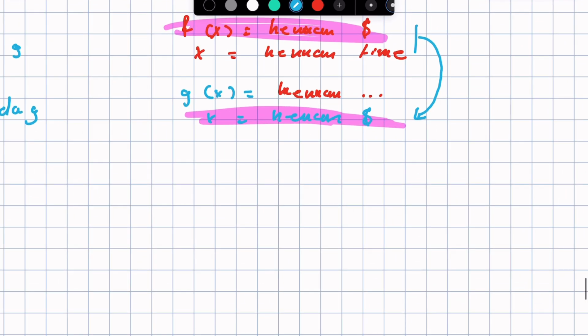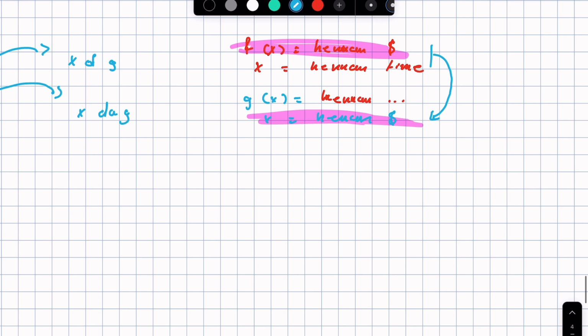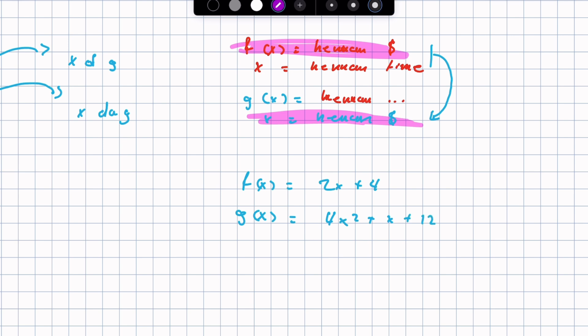So I will put it in numéro. So f de x is 2x plus 4, and fonction de g is 4x au carré plus x plus 12, okay? So you know that the function of this is basically the same thing as the x of this, of the fonction de g.